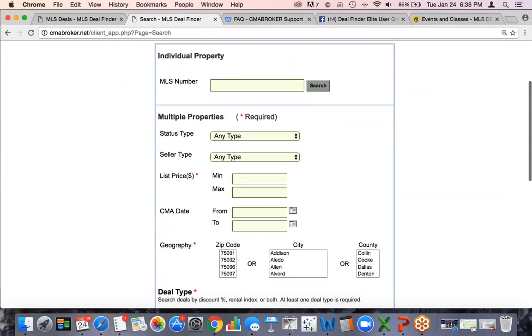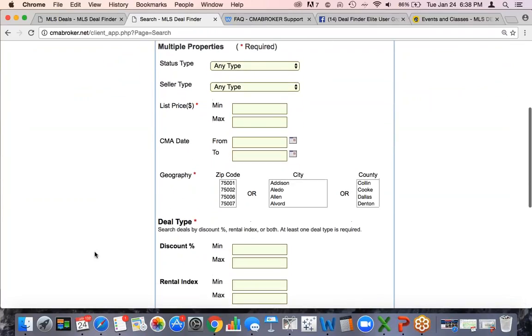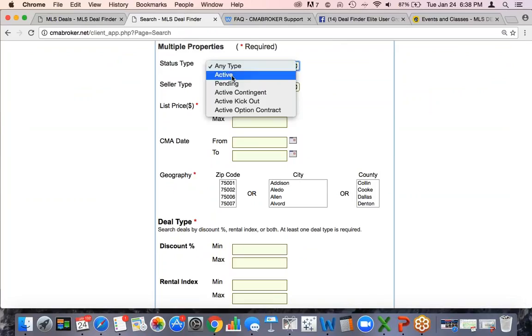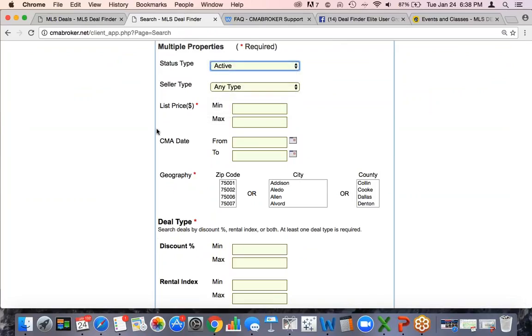This is a little more of an advanced function of the property. Here I can use all these fields to help me find the best rental index in any area. So let's say I want to invest in Addison, which is kind of difficult to find good deals, and I want houses that are between 50,000 and 500,000.